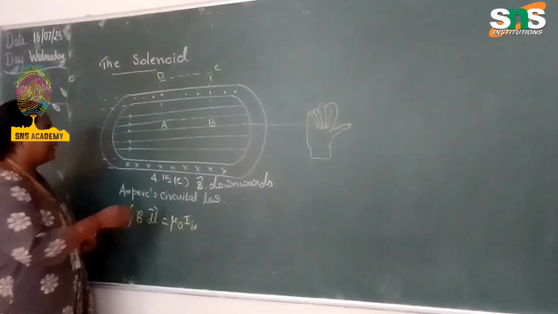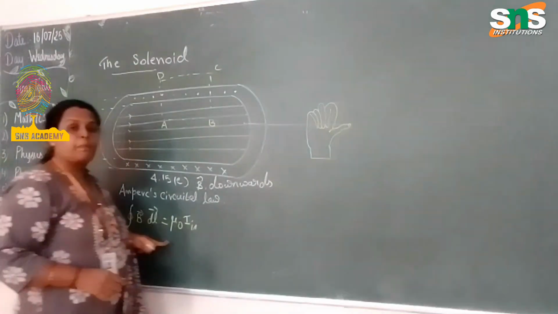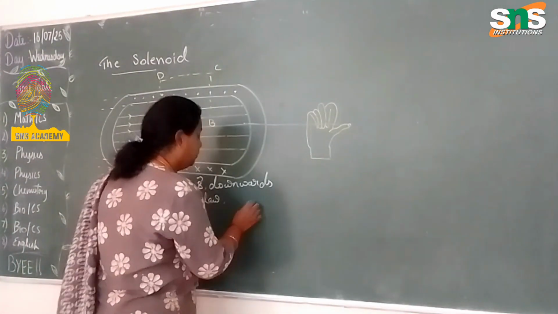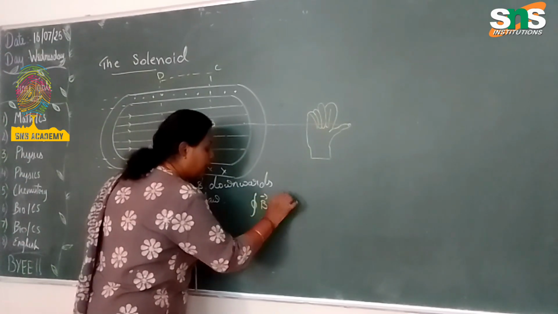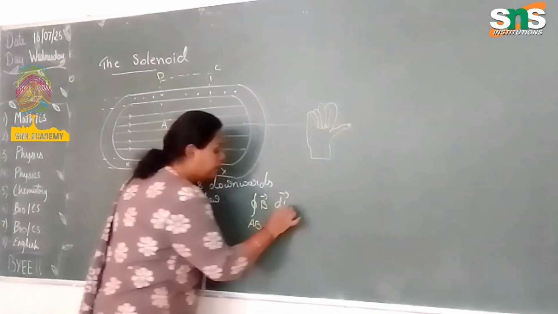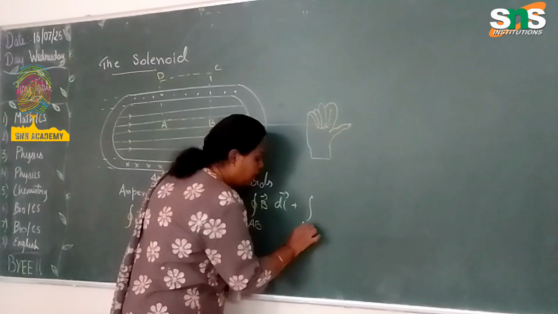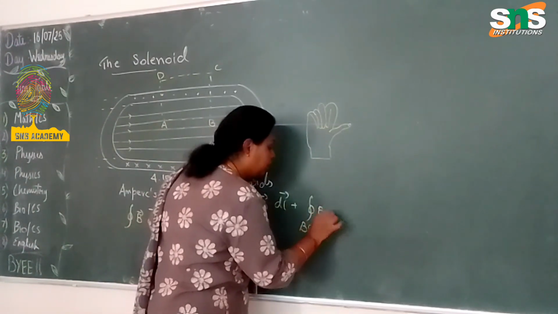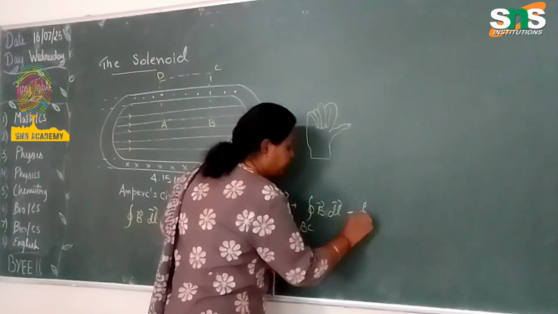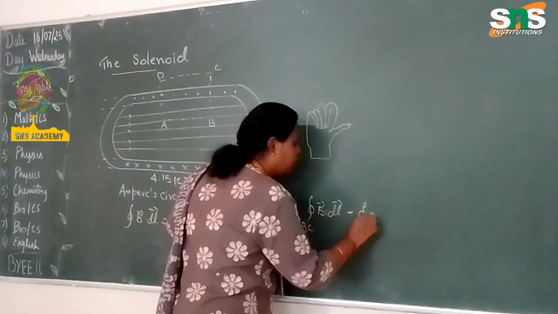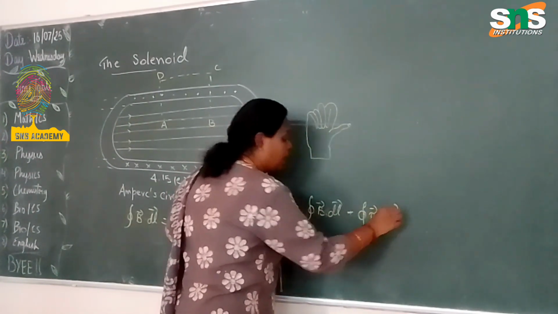So how can I write this? I can expand this single law into the integral of B vector dot dl vector for AB, for BC, the integral of B vector dot dl, and for CD again B vector dot dl.